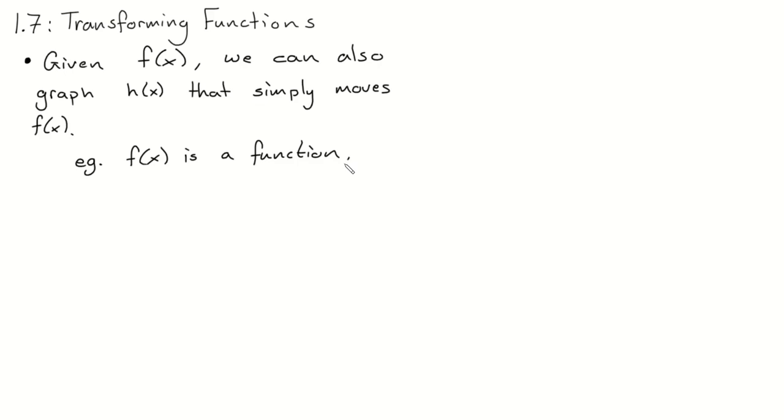If I define h of x as, maybe something awful like a times f of b times x minus h plus k, just like we saw in the bell ringer, I'm just defining h of x as adding something additional to my other function f that we started with. If we add all of this, then this thing moves and changes the graph.